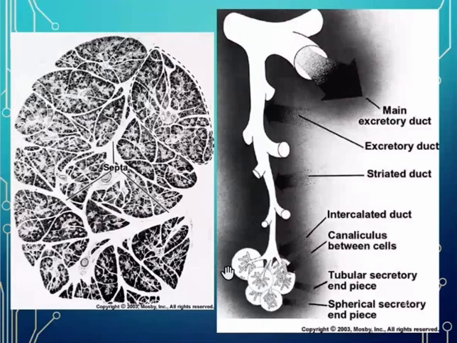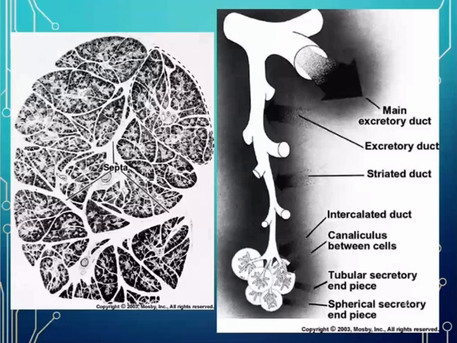Once in the lumen, it empties inside small intercalated ducts, which are lined by cuboidal epithelium, and then in turn it joins larger striated ducts formed by columnar cells, and then finally it joins a larger duct. Both the intercalated and the striated ducts are called intralobular, inside the lobule, ducts.